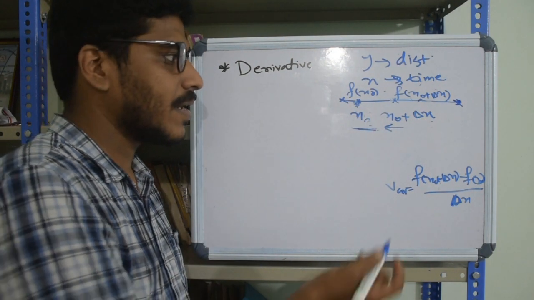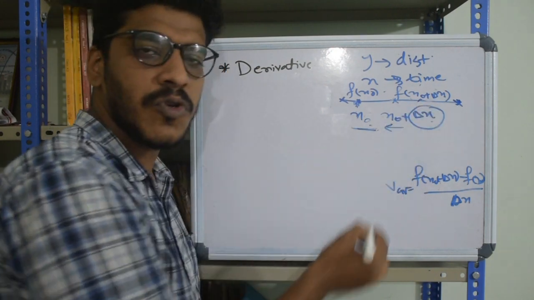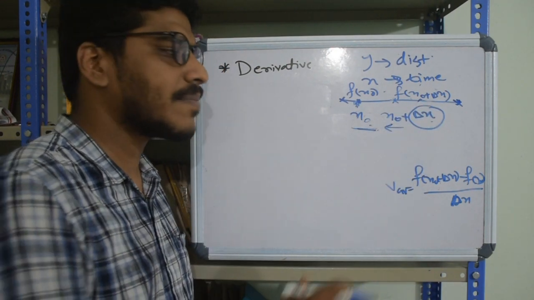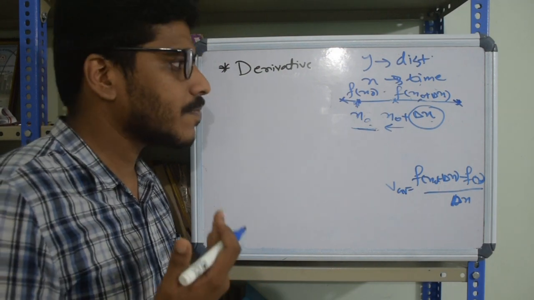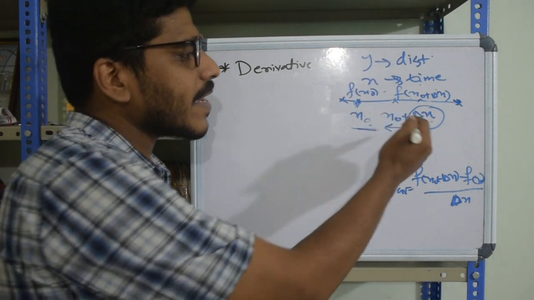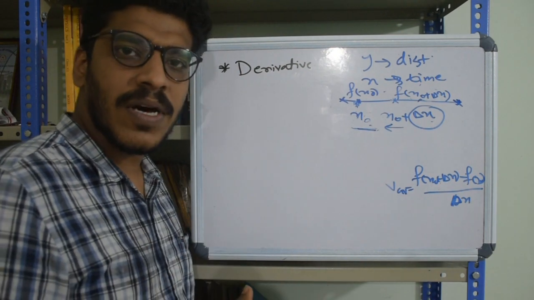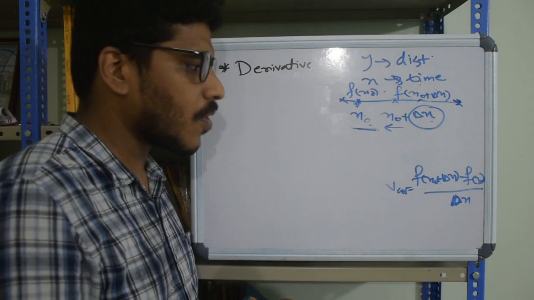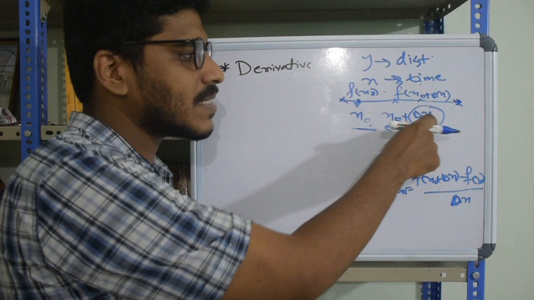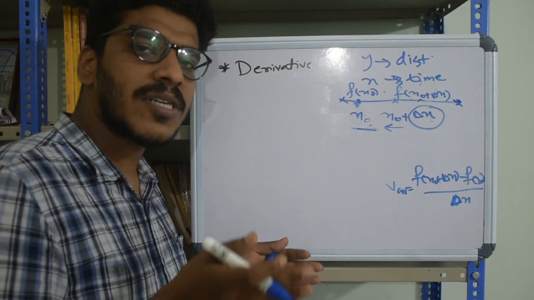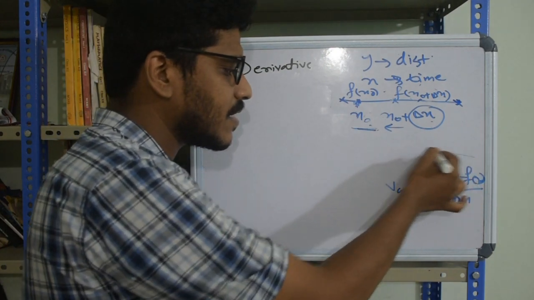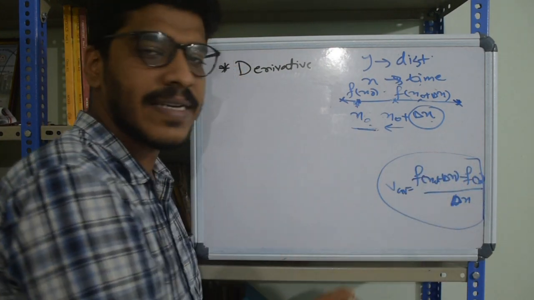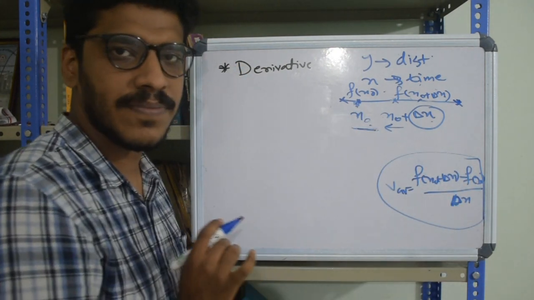So when we make delta x very much smaller, x naught and x naught plus delta x will be arbitrarily close together, and we can use this formula to evaluate the instantaneous velocity at x naught.